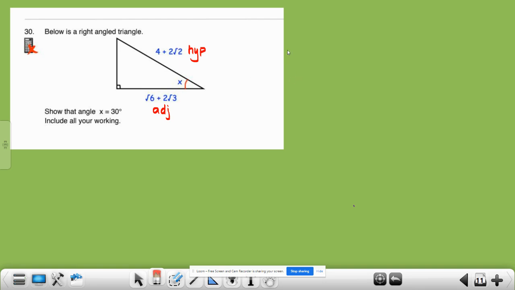That should lead you to the fact we are looking at cosine as our trigonometrical ratio. Secondly, we need to know that cos 30 is equal to root 3 over 2. That is the information you need to know.